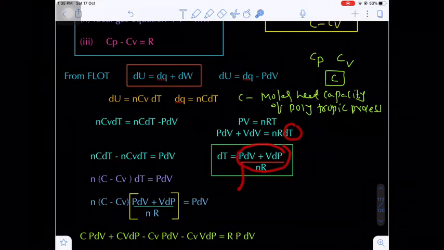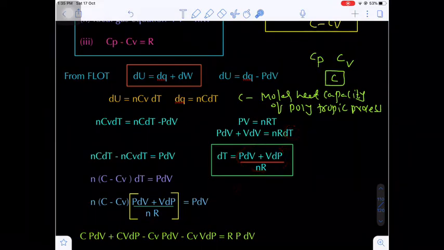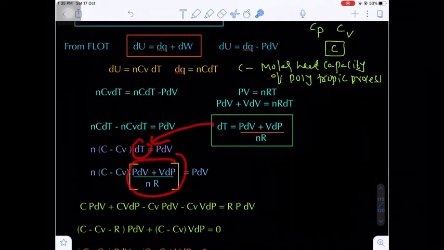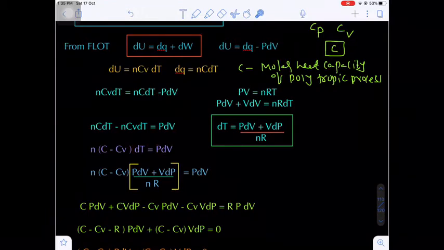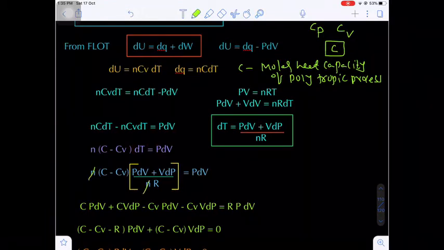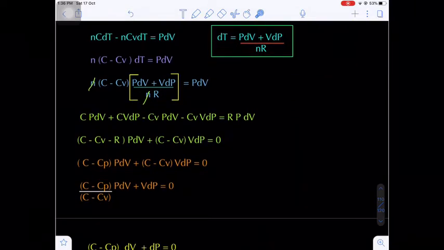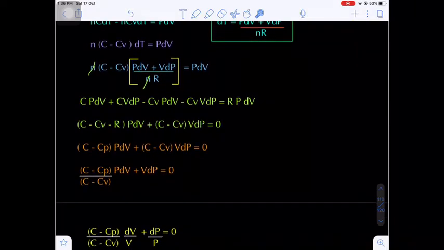Bring this dT value here, cancel the number of moles, and bring R to the right hand side. After simplification, you will get this equation.